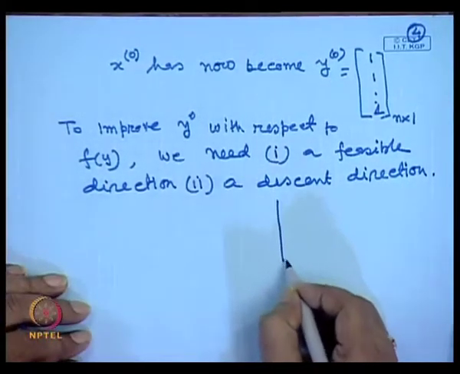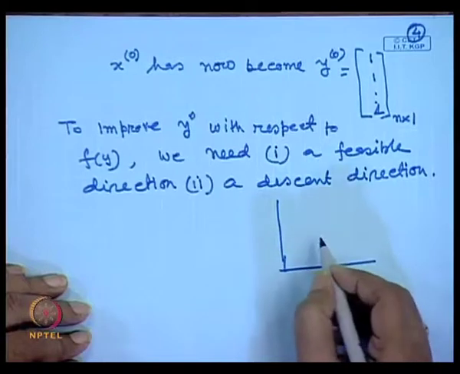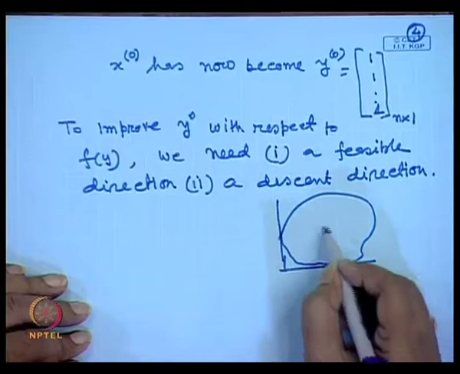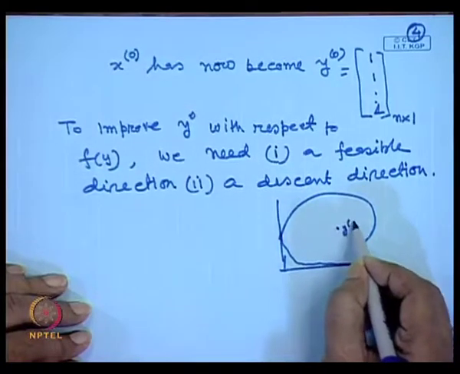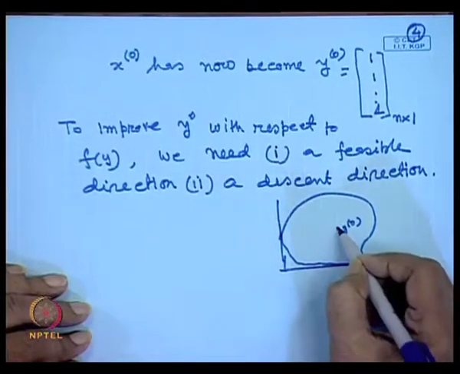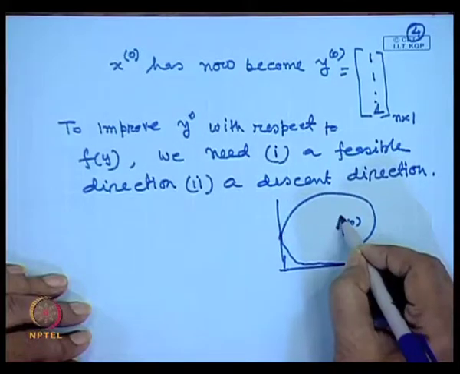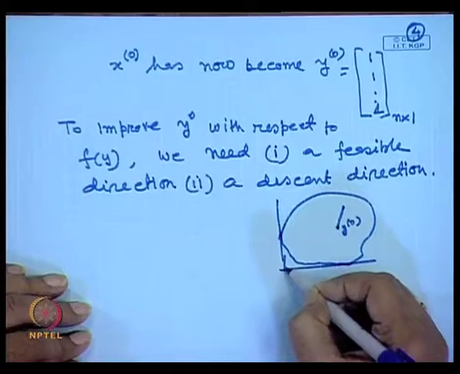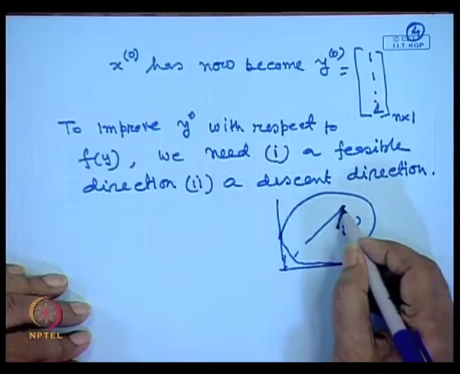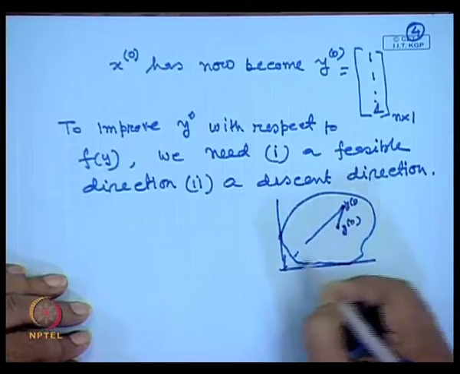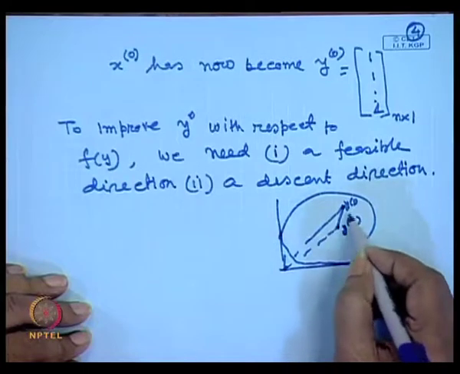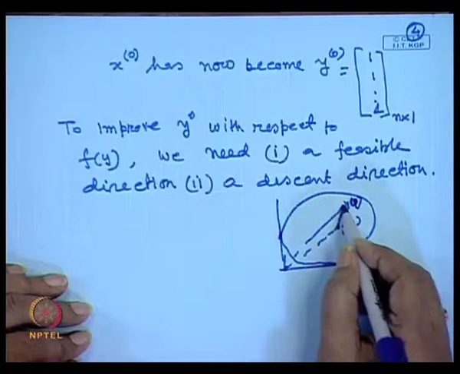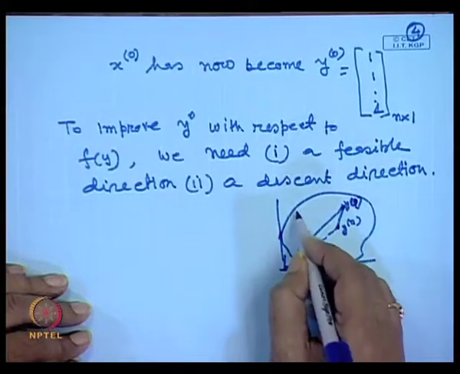If you see, for the two dimensional case, let us call this our feasible region. Now, y0 is this one, we have to move from here in such a direction. This is y of 0, this is y of 1, and it should be in the feasible region.